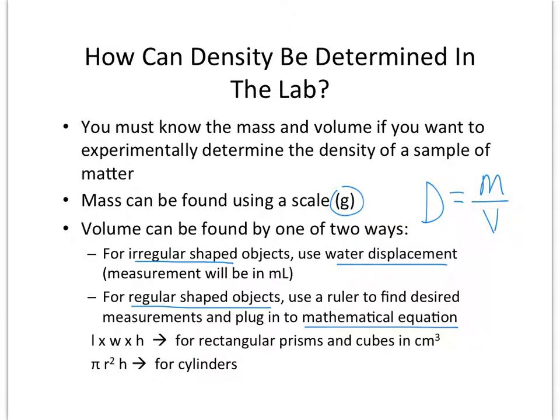The 2 most common formulas for volume that we will use in chemistry class are L times W times H, so length times width times height, for rectangular prisms and cubes, and our final volume unit will be in cubic centimeters, and then pi r squared times height, so pi times the radius squared times the height, for cylinders.